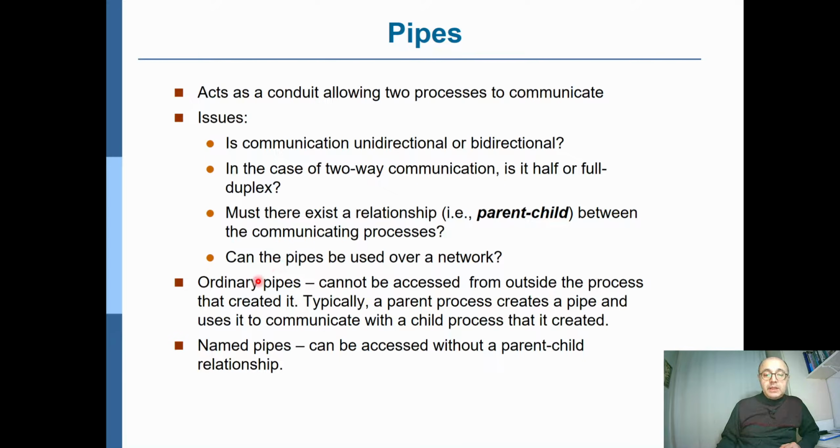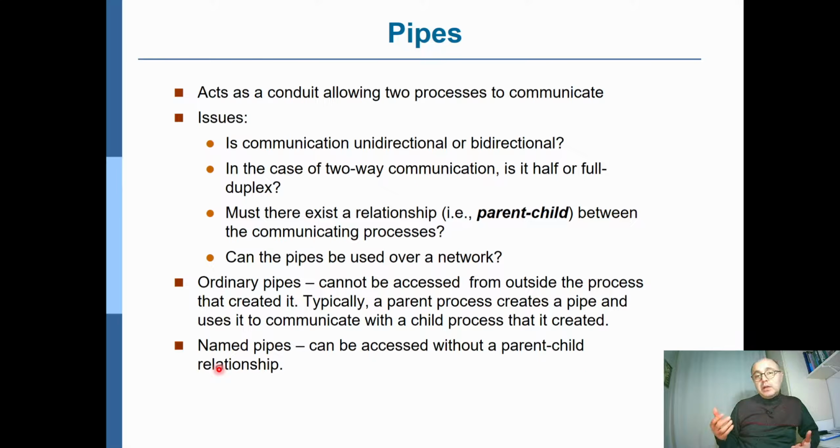The ordinary pipes could be used between processes that are in parent-child relationship. Whereas in the case of named pipes, any two processes can communicate as long as, number one, they know the name, and number two, that you have the permission.